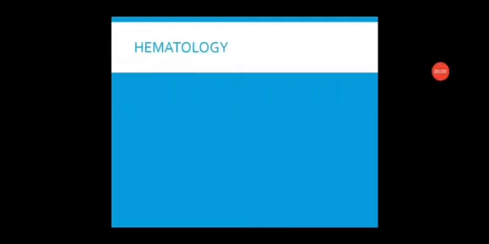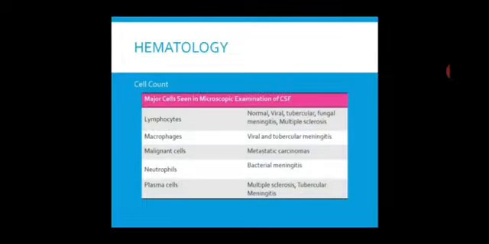Third part is hematology, which means counting the cellular content of the CSF sample. CSF is essentially free of cells. The major cells that can be found in microscopic examination of CSF are the following. The first ones are lymphocytes, and they are found in normal individuals in very low amounts and are increased in viral, tubercular, fungal meningitis, and also in multiple sclerosis.